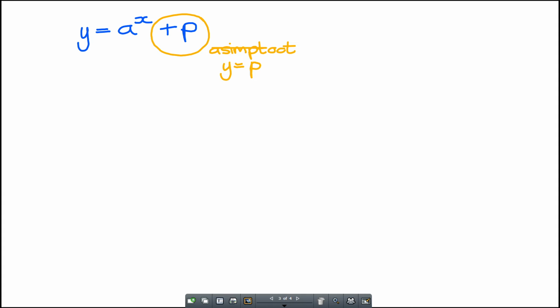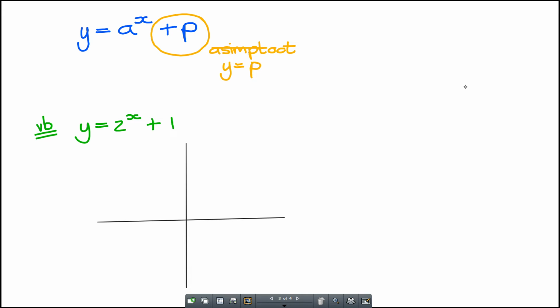So kom ons gebruik sommer gou daai vorige enetjie as 'n voorbeeld, né? Nee? Let's say the previous one we had y is equal to 2 to the power of x. Nee, but now let's just say plus 1. Then our previous graph, die x-axis, nee, was my asymptoot gewees.